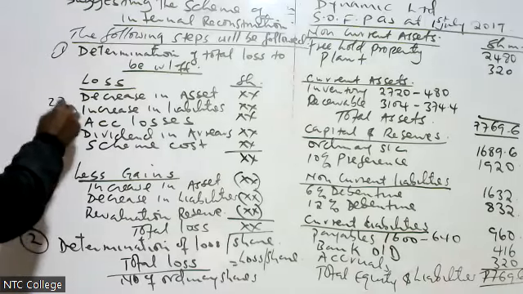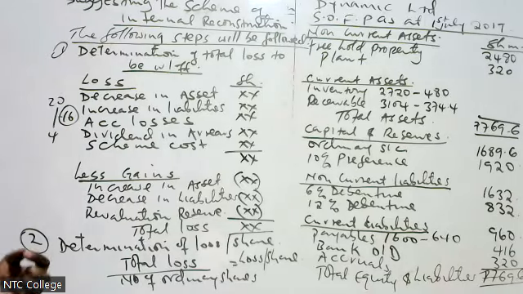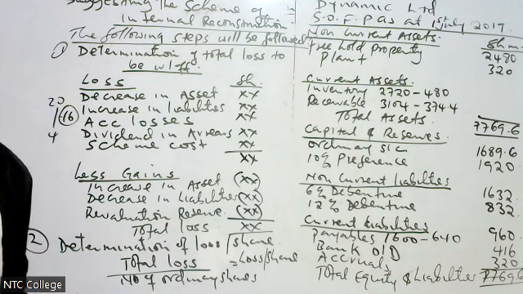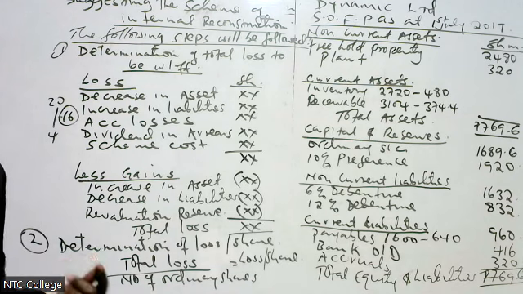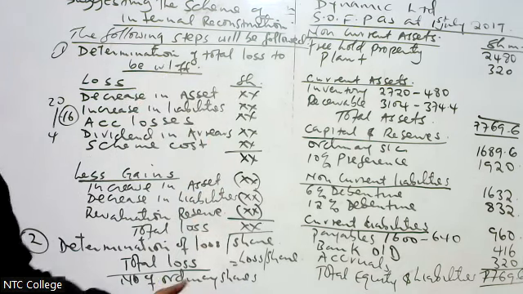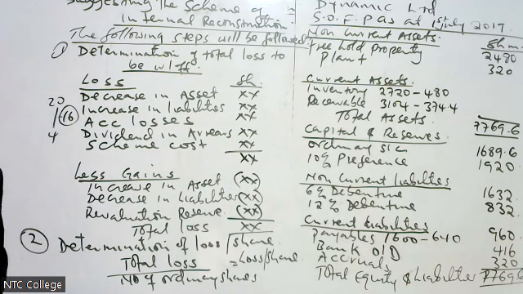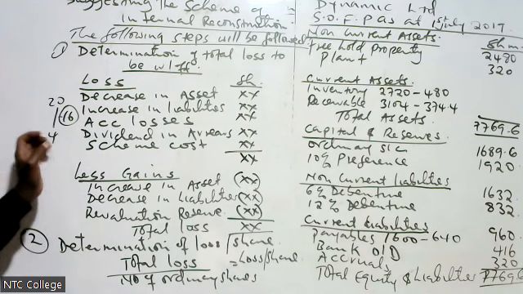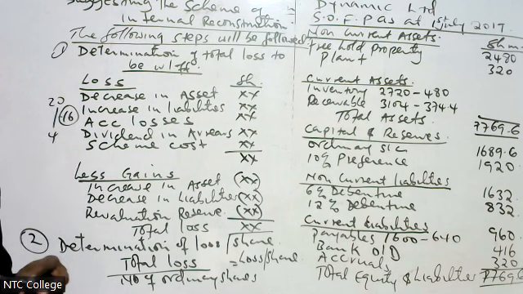Therefore, loss per share is shillings 16. How do we come up with shillings 16? It is not magical. You get total losses, then you divide by the number of ordinary shares, then you get the loss per share, which was shillings 16.